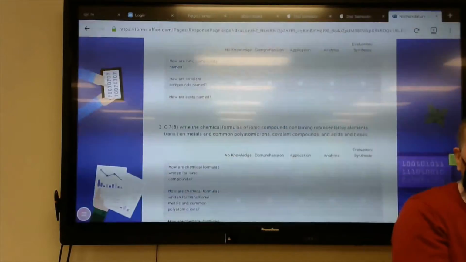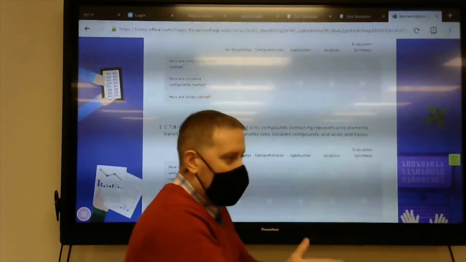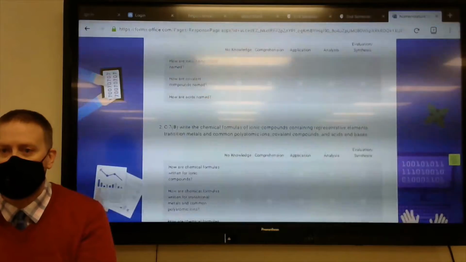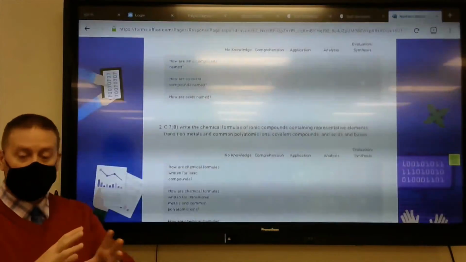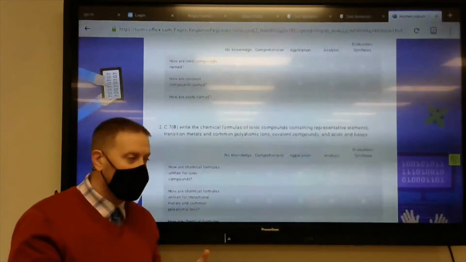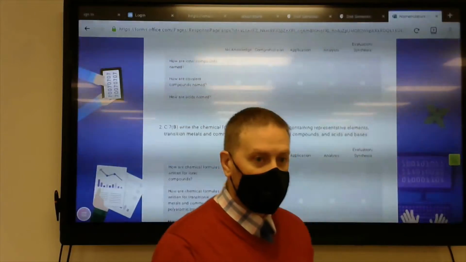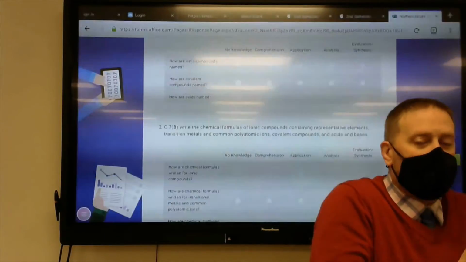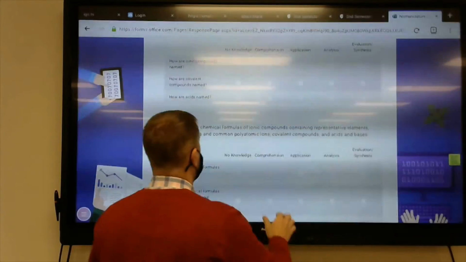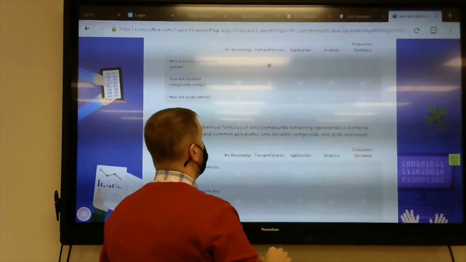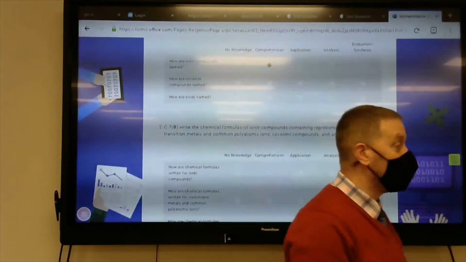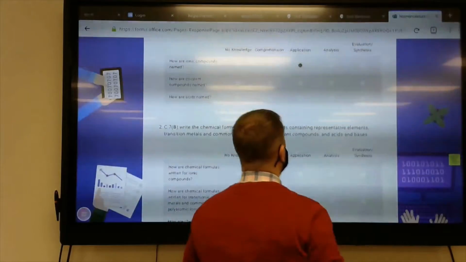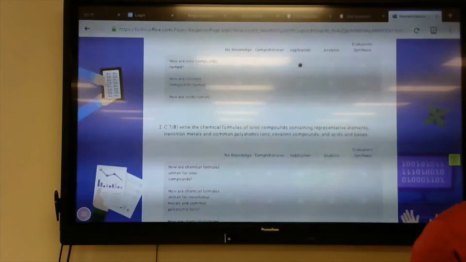If you are able to do the application activity without looking it up in Google, without looking through your notes, if you're able to do that without any help, you would mark application.